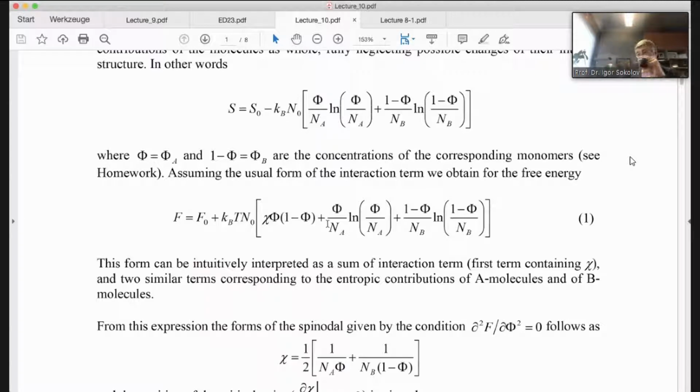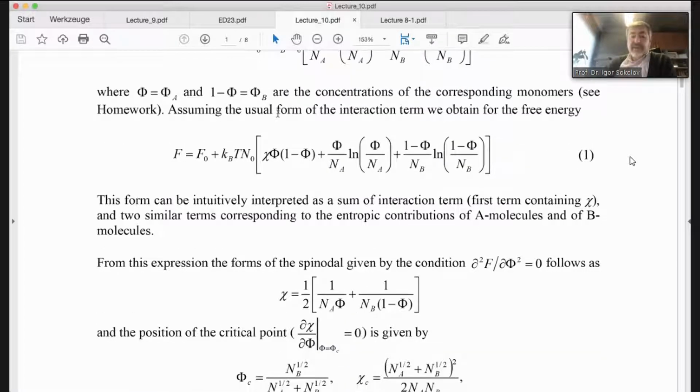This is an approximation. And here I took these terms of the translational entropies, fully neglecting the contributions of the internal degrees of freedom of the molecules. And you know it's an approximation, but we have seen that it's okay. So let's play with this in order to try to get some physics out of it.